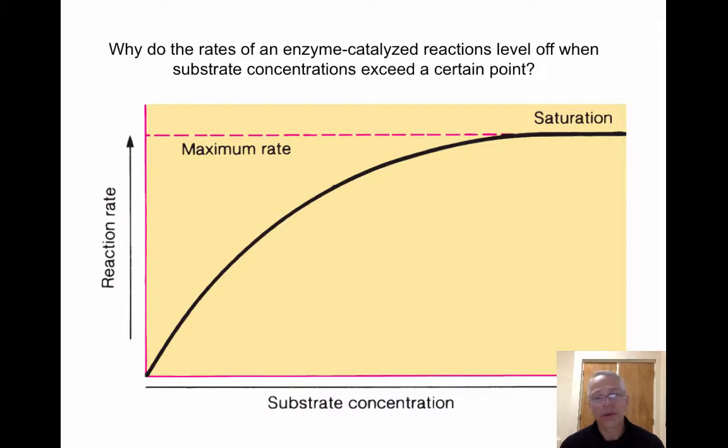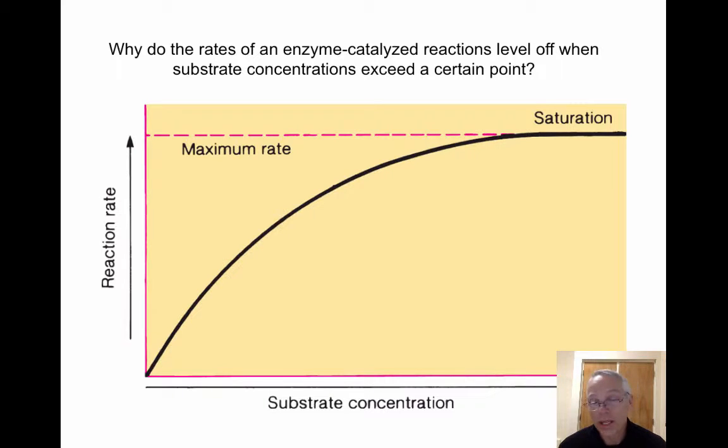This is another graph that's been a part of conversations in my biology and physiology classes for a long time. I think it's an important idea. It's showing that as we increase the substrate concentration, the reactants of whatever enzyme-catalyzed chemical reaction we're talking about, as we increase the concentration of those molecules, the reaction rate increases.